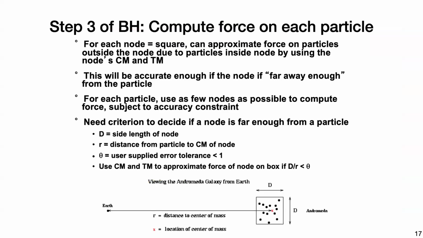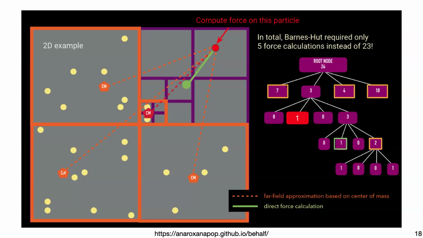So earlier we had this thing, D over R. D is the side length of the node, and R is the distance from the current particle to the center of mass of the bounding box. And so in this example, the center of mass of this box is too close to this one to use the approximation, but when it recurs down, this center of mass is far enough.